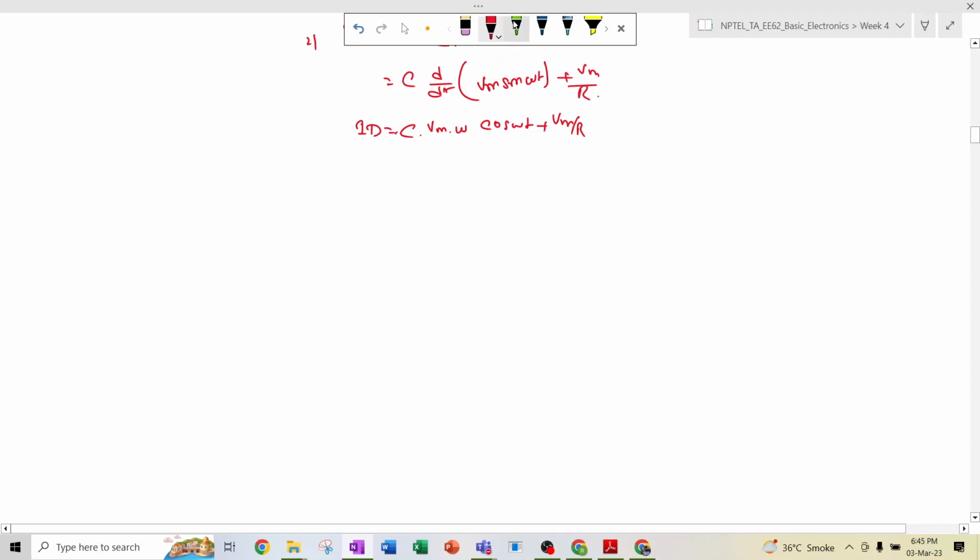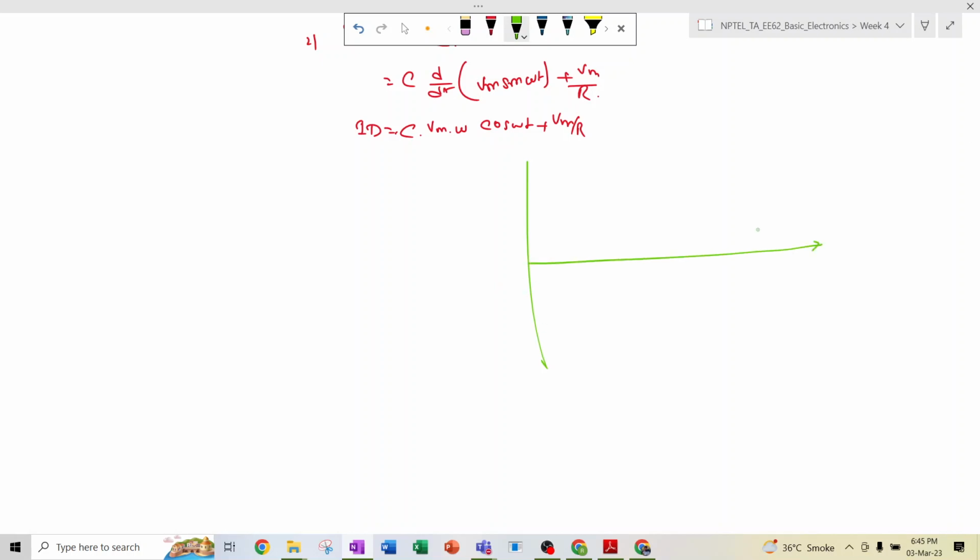So now if we plot the input voltage, this capacitor gets charged over there, and then it gets discharged, and then again it gets charged, right?